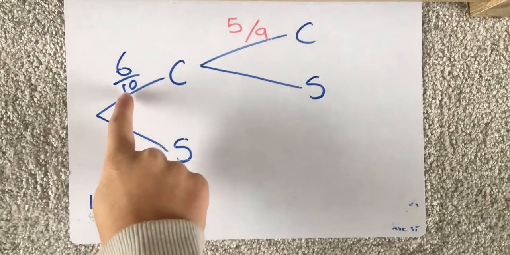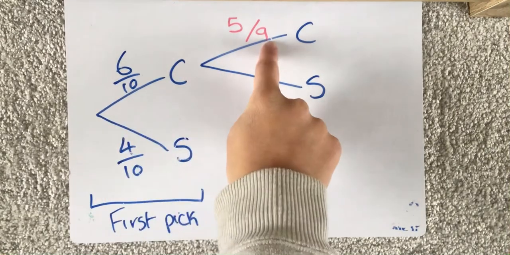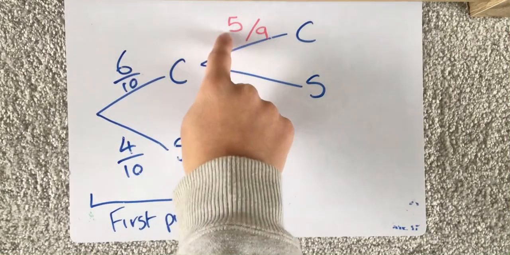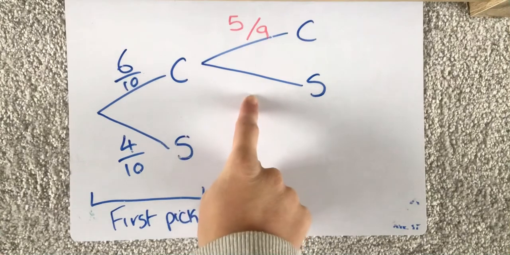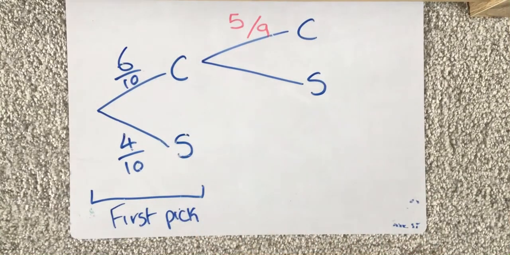So we've got to account for it in our bottom number, in our denominator, but we've also got to account for it in the top number, in our numerator. Because we're saying that actually there's only 5 cola bottles now in the bag, and there's 9 sweets in the bag altogether. Now, the way to work out strawberries, you can do it in a couple of different ways.